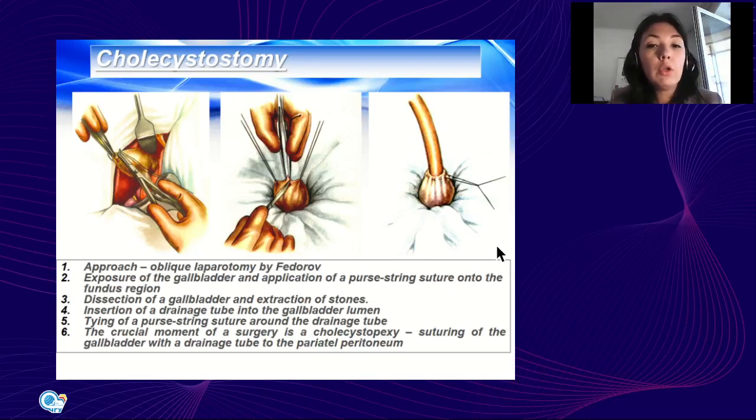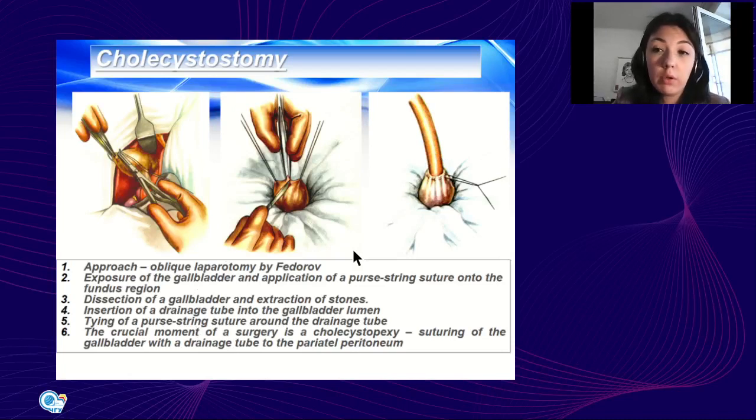We perform oblique laparotomy by Fedorov, expose the gallbladder and apply a purse string suture onto the fundus region. Then we dissect the gallbladder, extract stones if they are present, and insert a drainage tube into the lumen of the gallbladder. Here you can see it. Then we tie the purse string suture around the drainage tube.